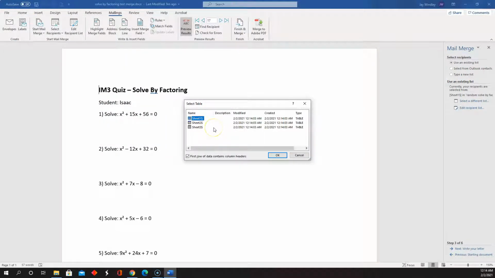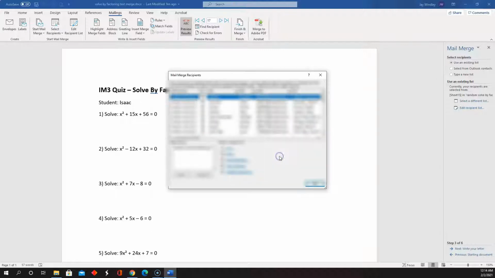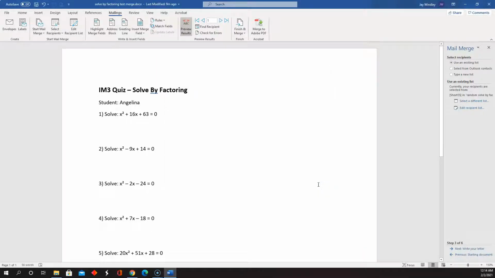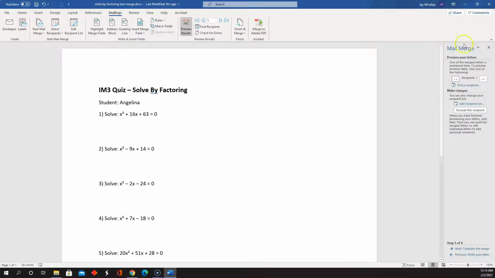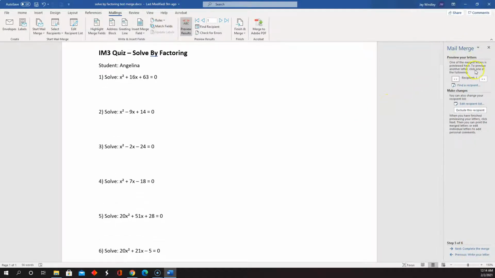But now we're going to say we want the data in sheet 3, which is all of my students, and then we say write your letter, and then preview your letters, and let me scroll a little bit so I can see all the problems. And there's everybody's randomized test.